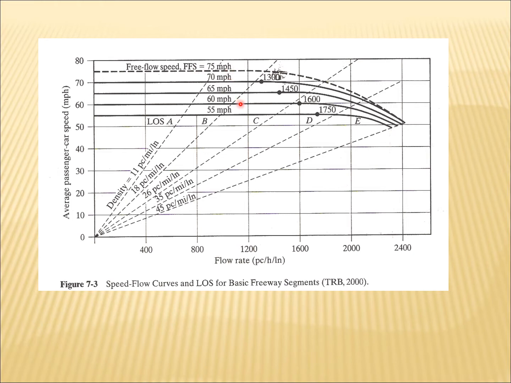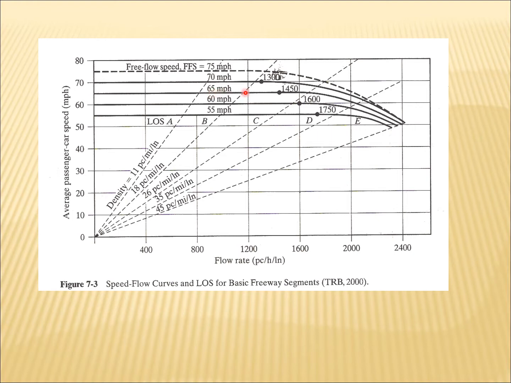So you can see that 55 miles per hour speed can be maintained up to a flow rate of 1750. 60 miles per hour can be maintained up to 1600.